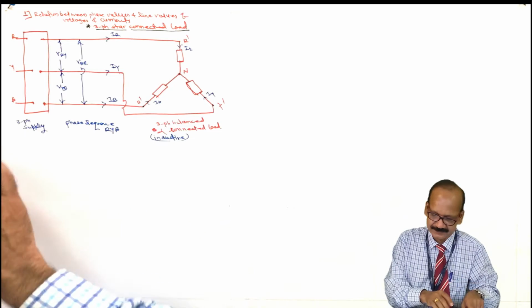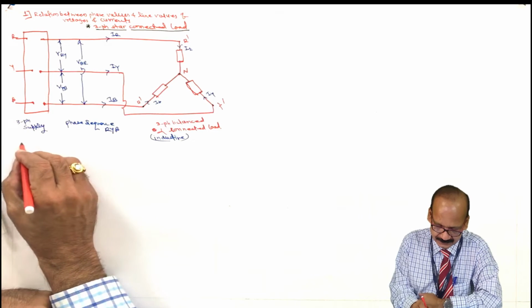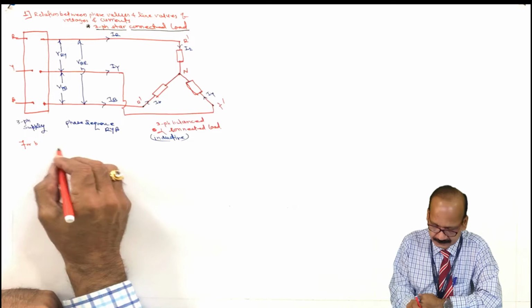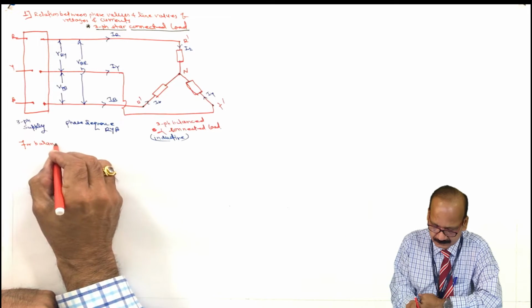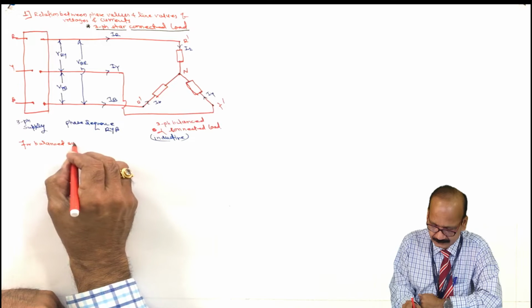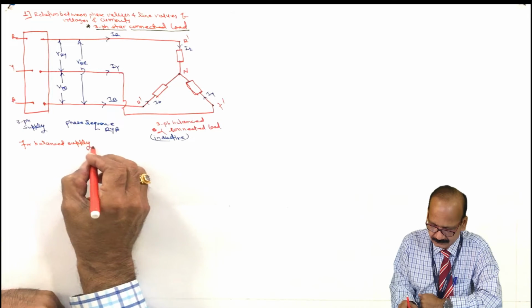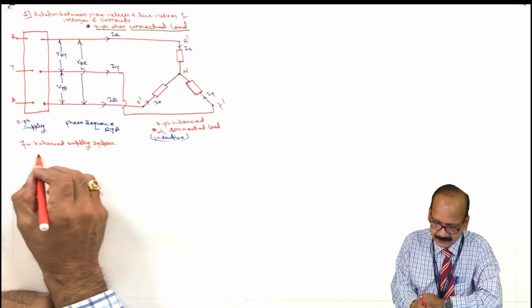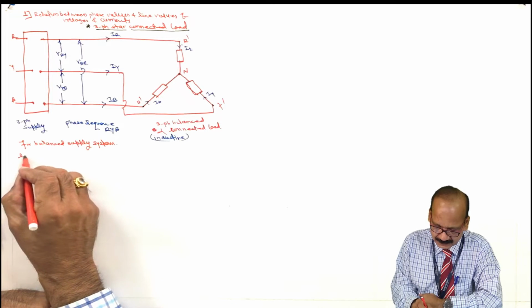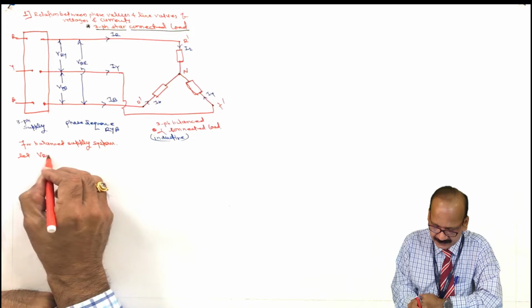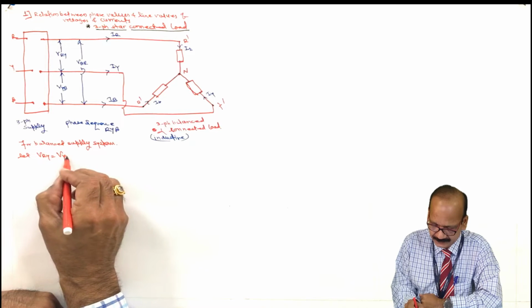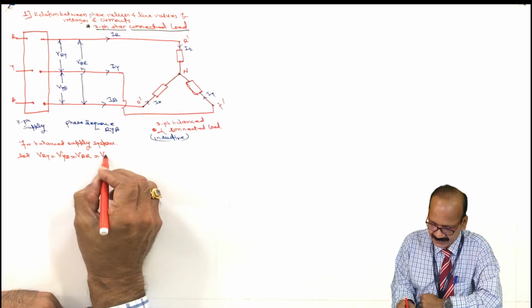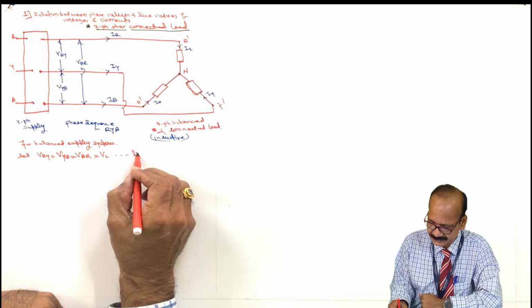So for the balanced supply system, let VRY equal to VYB equal to VBR equal to VL, line voltage.